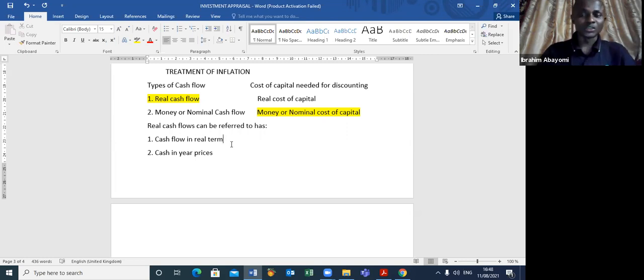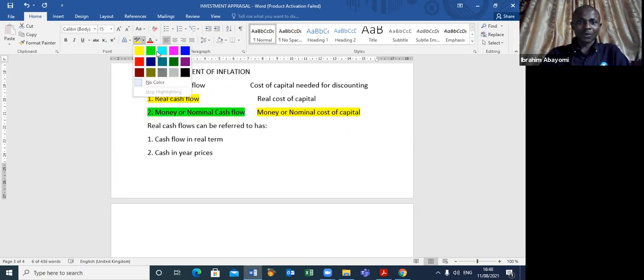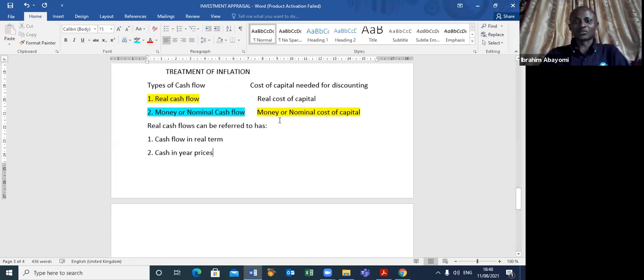So what do you need to do? You can do one of two things. One is that you convert this real cash flow to nominal cash flow, so that it is on the same level as the money cost of capital.